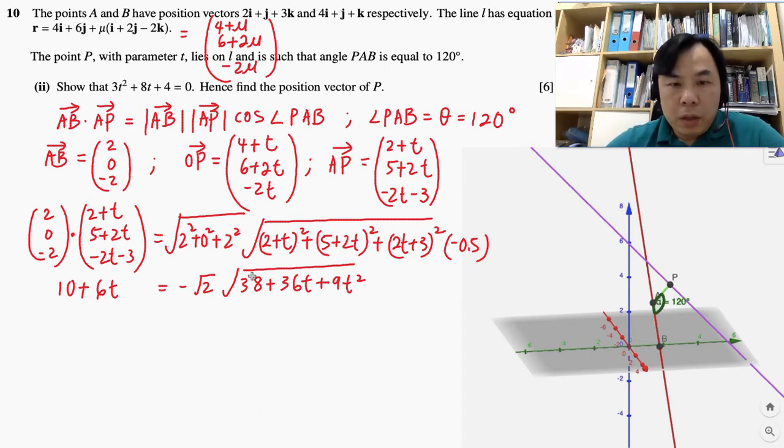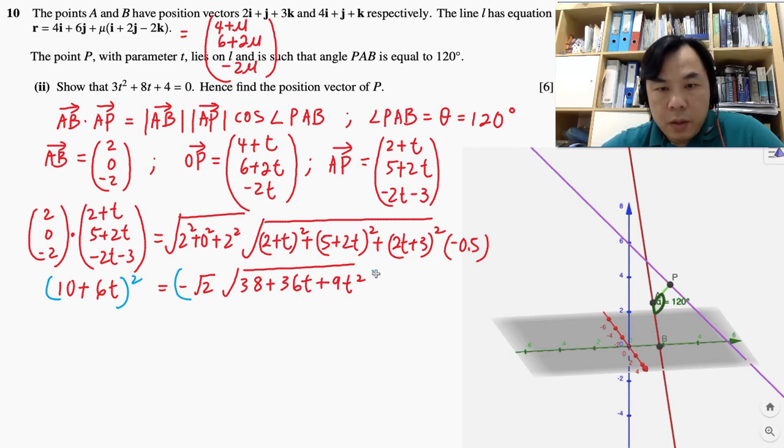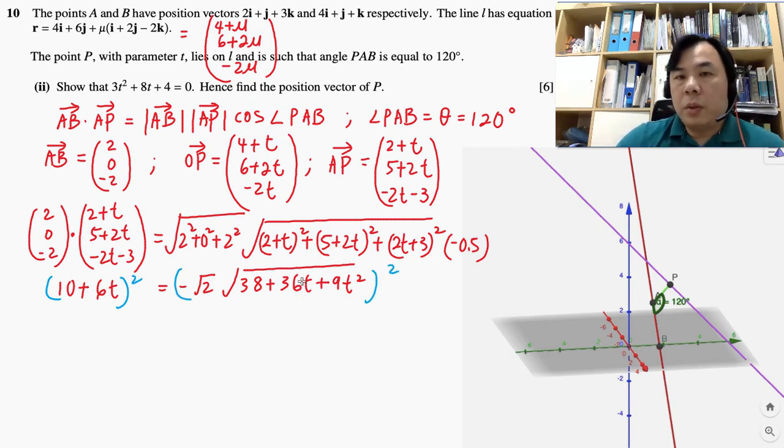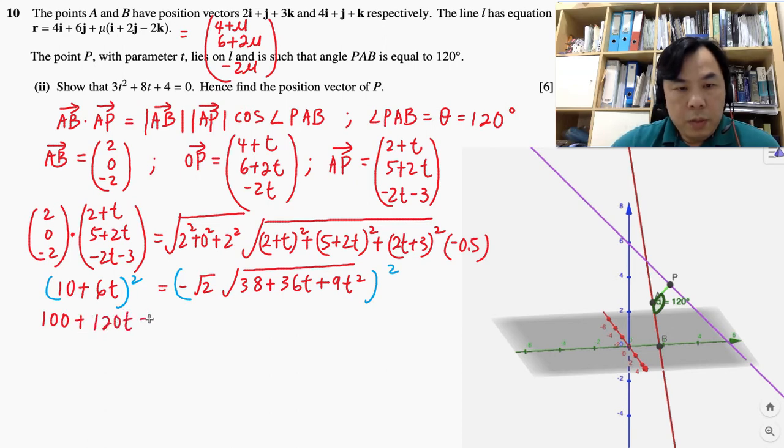Okay, now next, in order to solve this, all I need to do is square both sides. The main reason is because I want to get rid of the square root here. Doing so, I will have 100, 120t plus 36t squared.